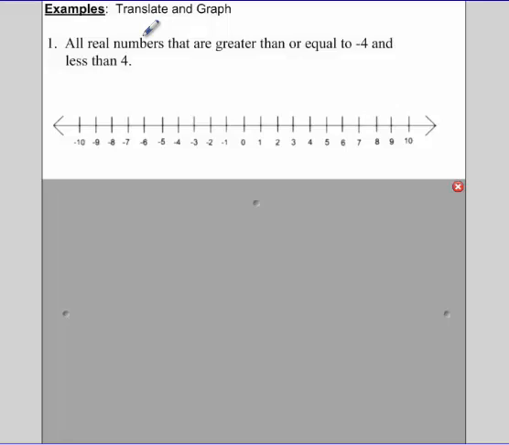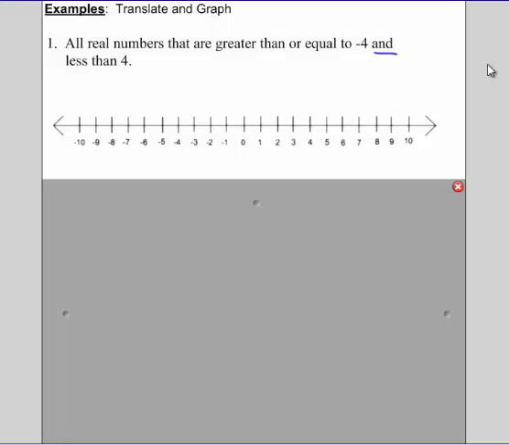The two phrases are greater than or equal to and less than represent the inequalities. Since we are using the word and between the two inequality phrases, we want to write a compound and inequality. So the x variable goes in the middle. You only do this with an and compound inequality.